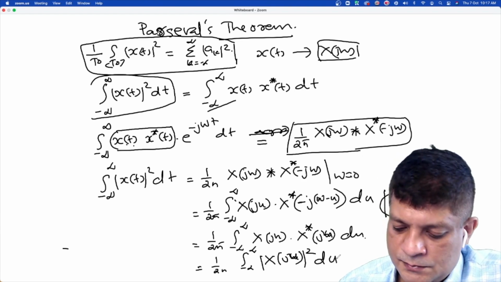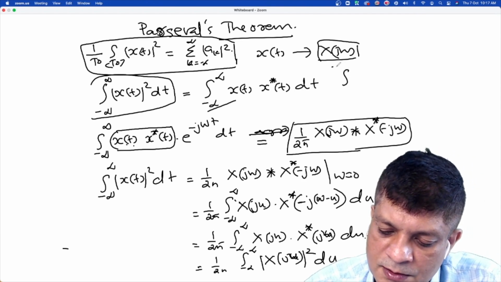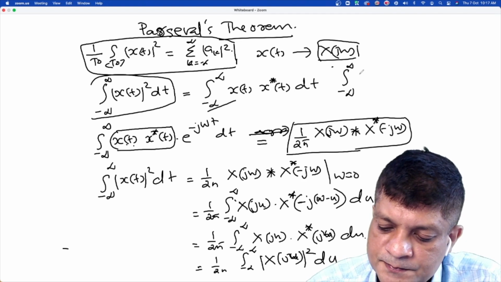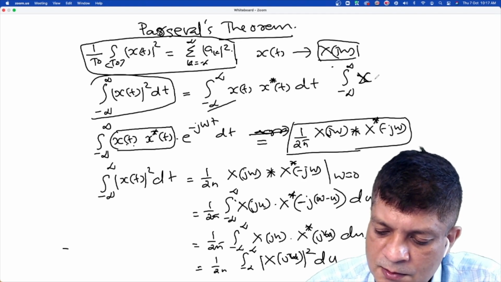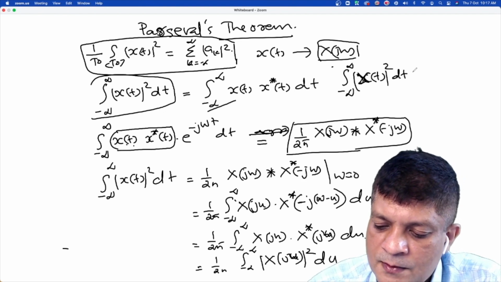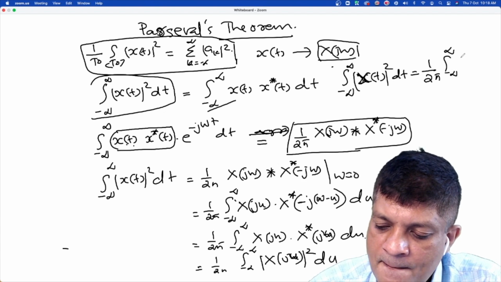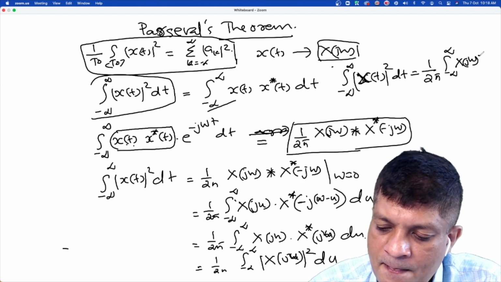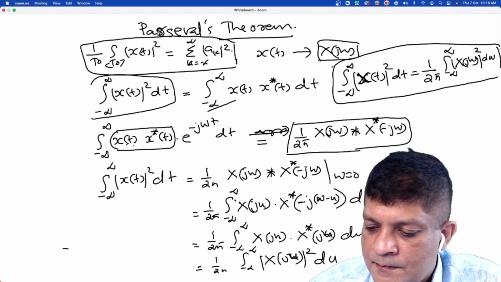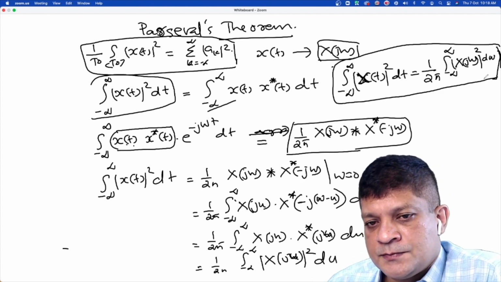Yes, so that is Parseval's theorem. It says that the energy of the signal, this is small x, is equal to 1/2π times the integral of |X(jω)|^2. This is the energy of the signal.